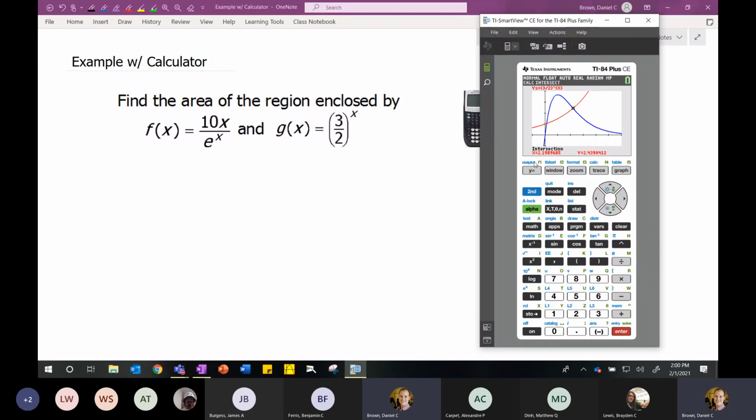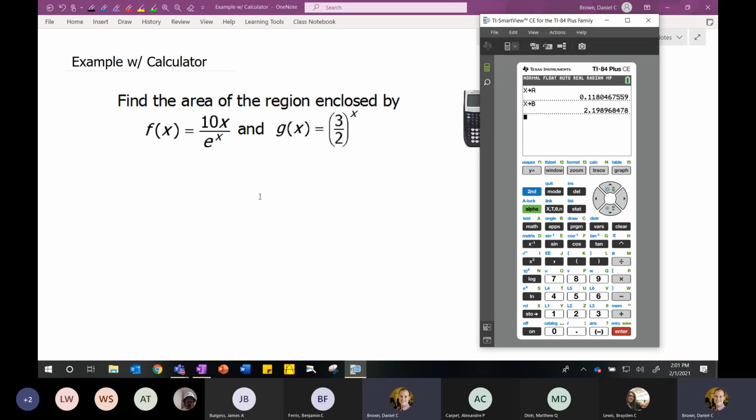There's the second intersection point, 2.1909685. I'm either going to write that down or save it in my calculator. How do I save it? Second quit. That x coordinate, I want it to be stored as, I'm going to hit alpha B. And now that's stored into my calculator.